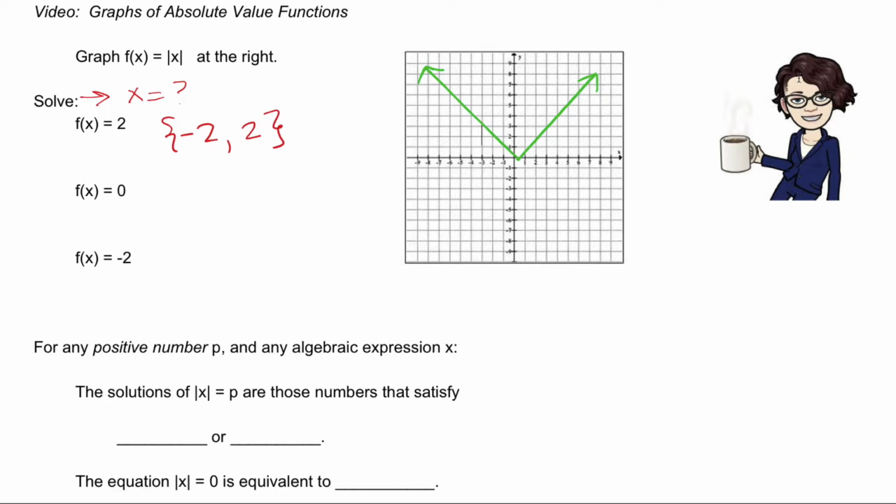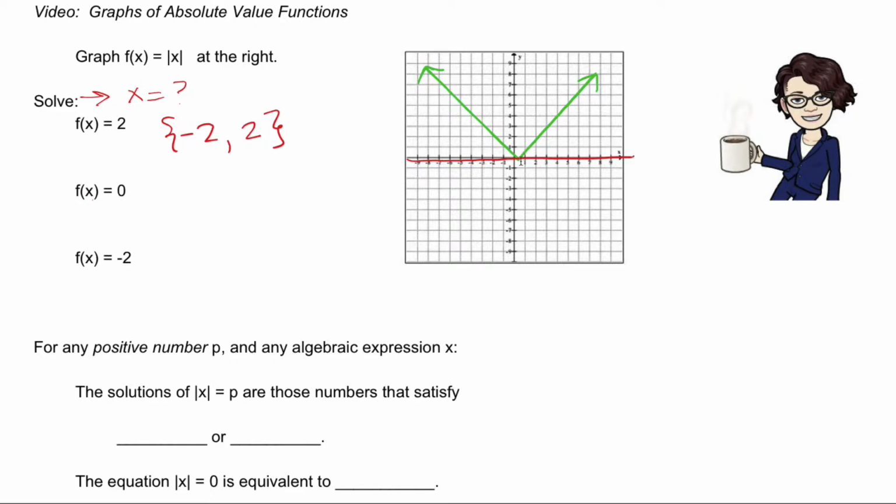Okay, now that we've got that y equals 2 or f of x equals 2 red line off of there, let's take a look at solving f of x equals 0. So again, we want to solve, so we want to find the x's when the output is 0, when the y is 0. So where is y equal to 0? Right along that x-axis.